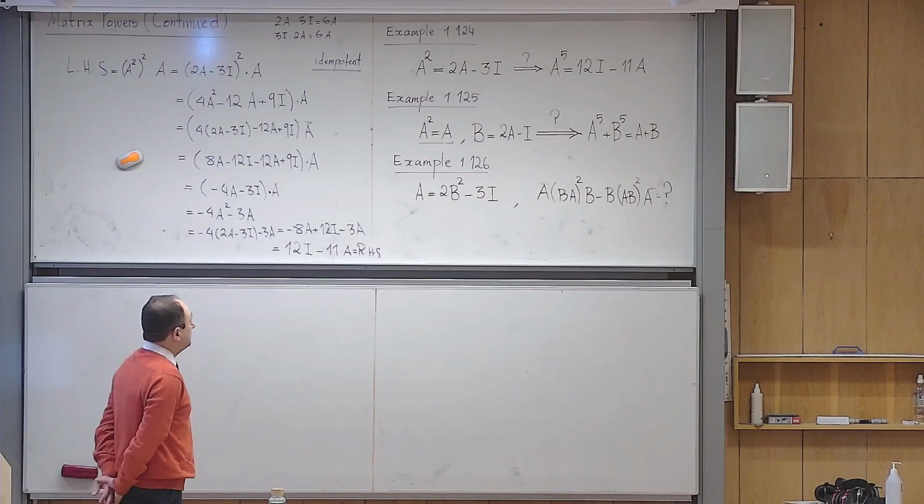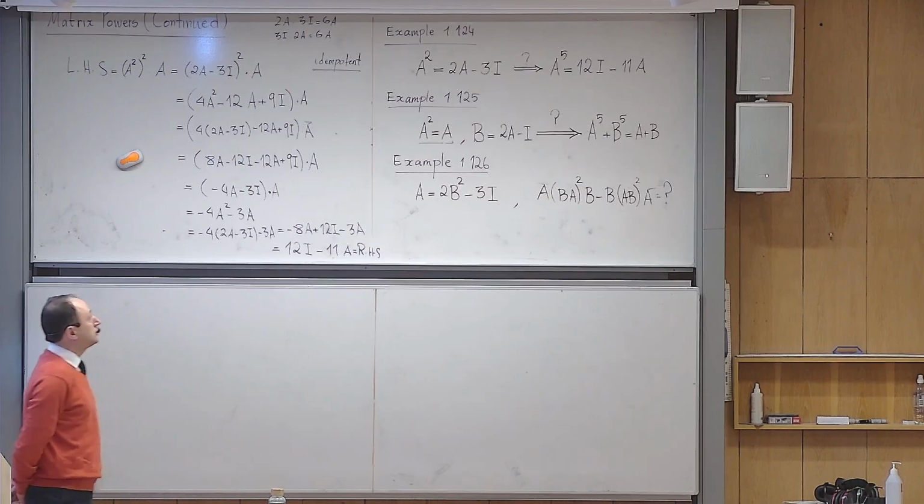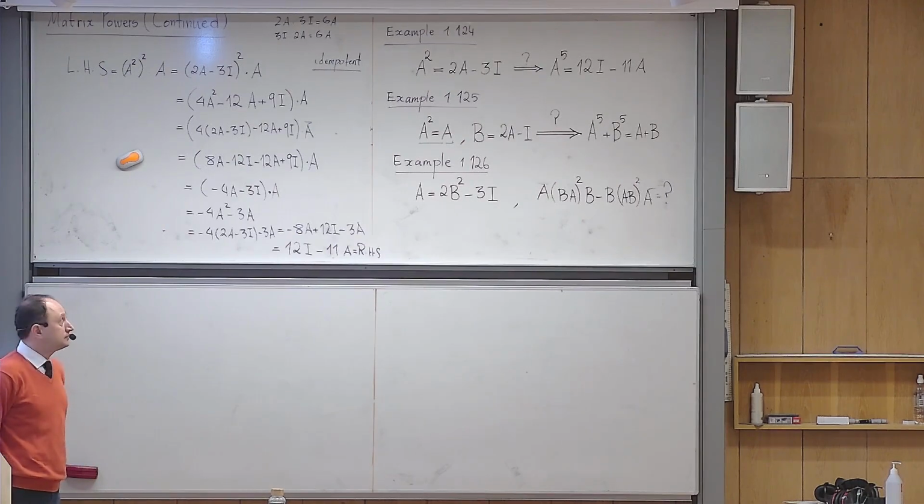Okay, do you have any opinion about the next problem? 125. Yes? Well, I started with the left-hand side, and then I went from a to the power of 5 to just simply a. Yes. And then I could write b to the power of 5 as b to the power of 2 to the power of 2 times b.